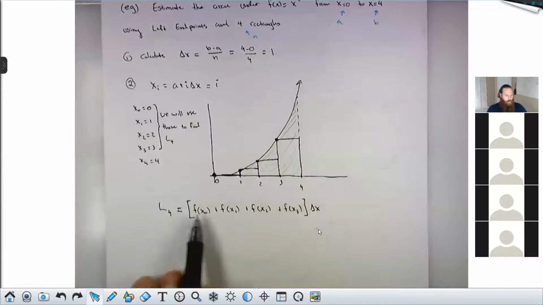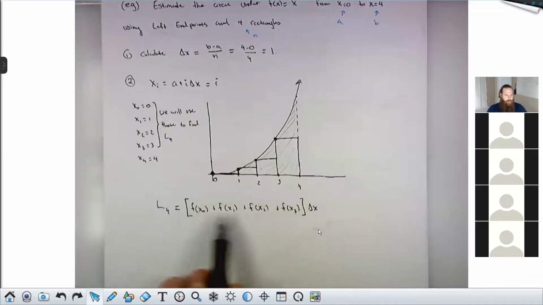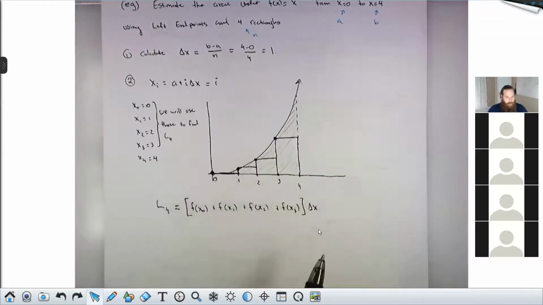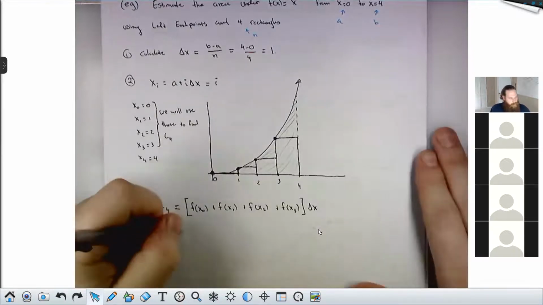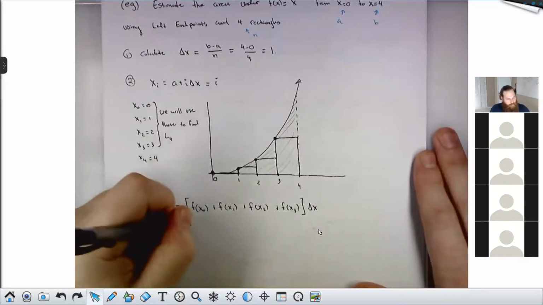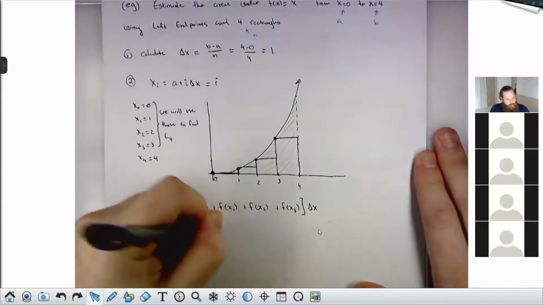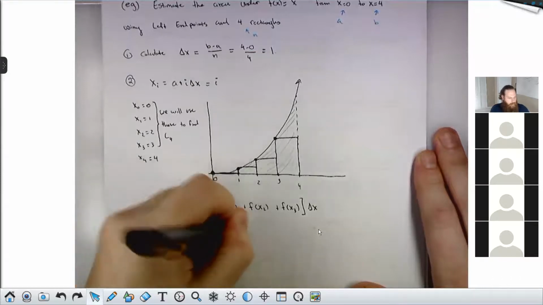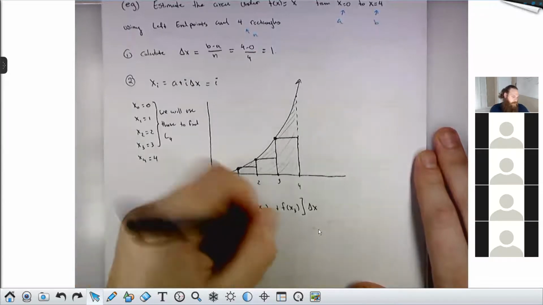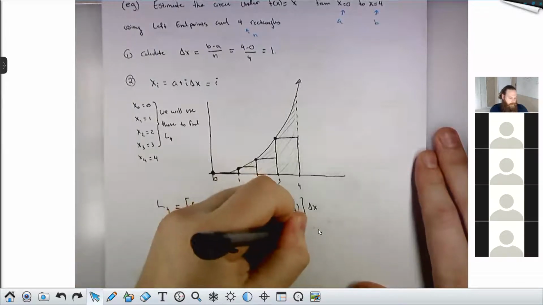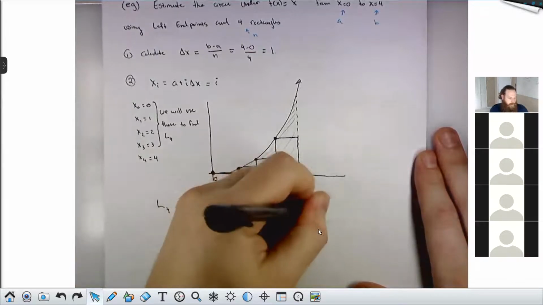So instead of having 1 through 4, I have 0 through 3, because the left endpoints of these subintervals are 0, 1, 2, and 3, rather than 1, 2, 3, and 4. Now if I plug in, x0 is 0, so this is f of 0 plus f of 1 plus f of 2 plus f of 3 times delta x, which is still 1.